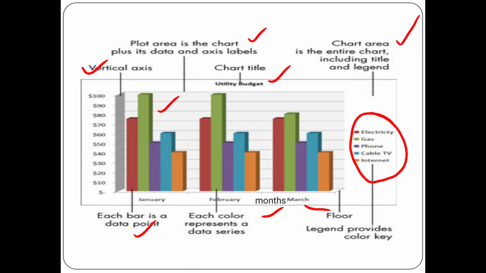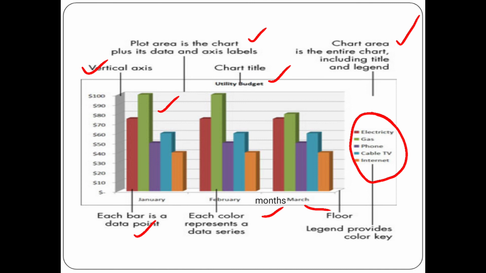The last thing is data label. Data labels provide additional information about a data marker, which you can use to identify the details of a data point in a data series.